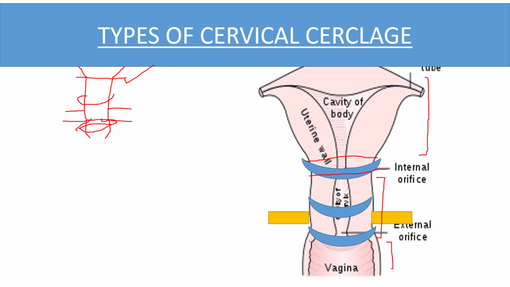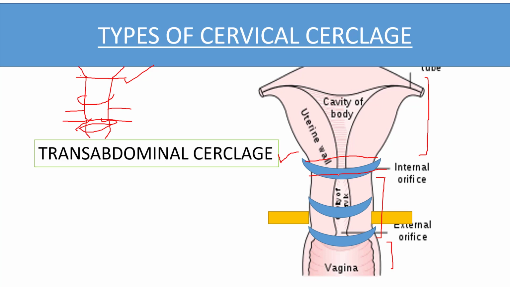Just now, this first type is applied through the abdominal approach, meaning through the abdomen, either by making holes or by laparotomy we apply these sutures. So it is called transabdominal cerclage. While this second one and third one, we can apply these sutures through the vaginal approach.